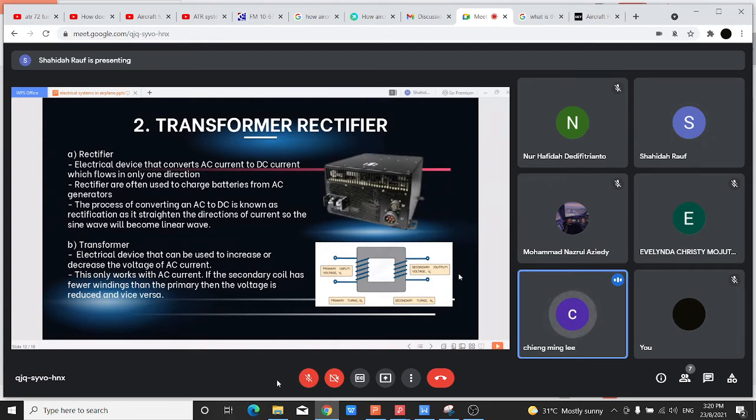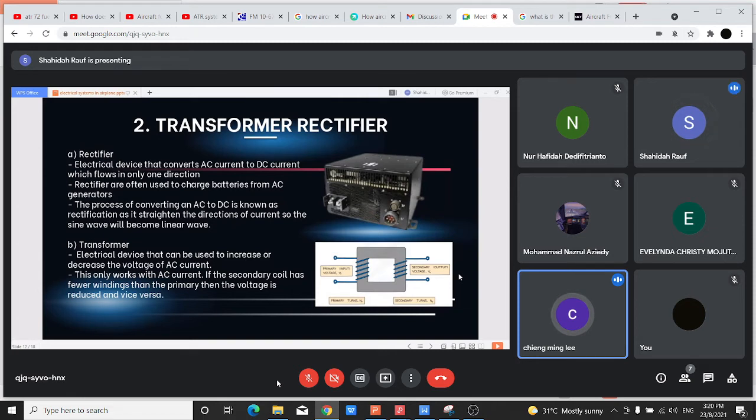If there is an AC failure, you need a static inverter. If there is a DC bus failure, then you need a transformer rectifier to convert AC to DC power to power your instruments. So the transformer rectifier and static inverter are a backup system, which is hardly used.